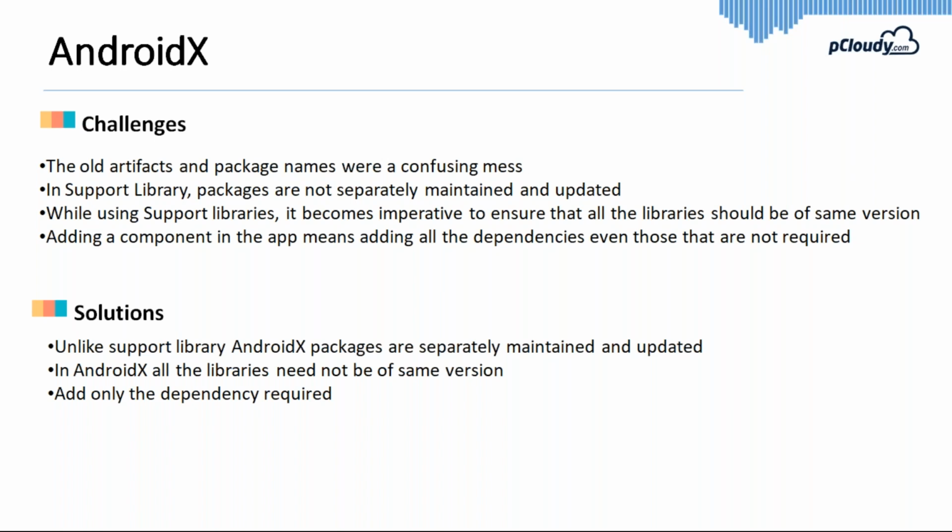And unlike the support library, AndroidX packages are separately maintained and updated, so there won't be any issues when you are building your application with this. And for AndroidX, all the libraries need not be of the same version. So even if there is a mismatch of the versions, it will still work, right?